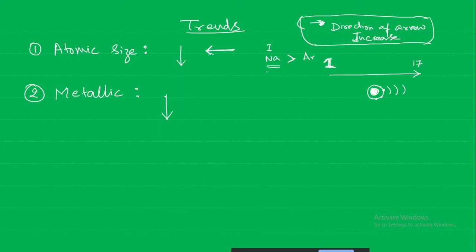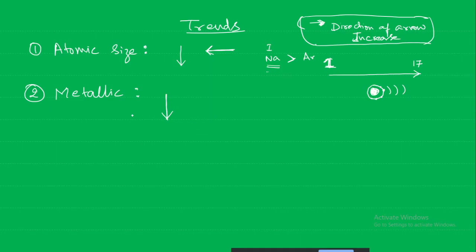Why increase? Because as you go down the group, the size of the atom is increasing. Are the atoms becoming more and more stable? No, they are not becoming stable. They are getting more and more electrons, they want to get rid of them. They have more metallic nature.